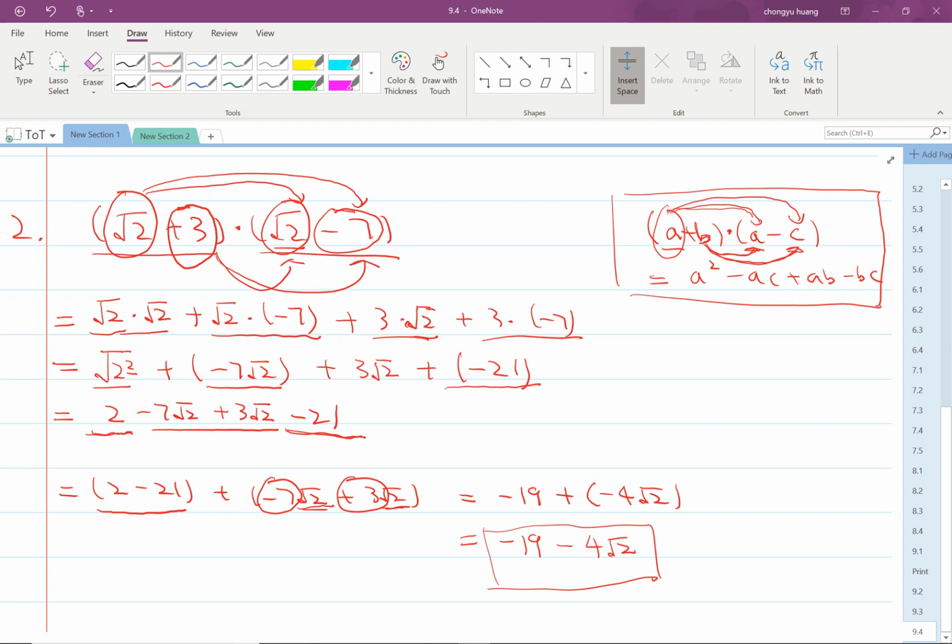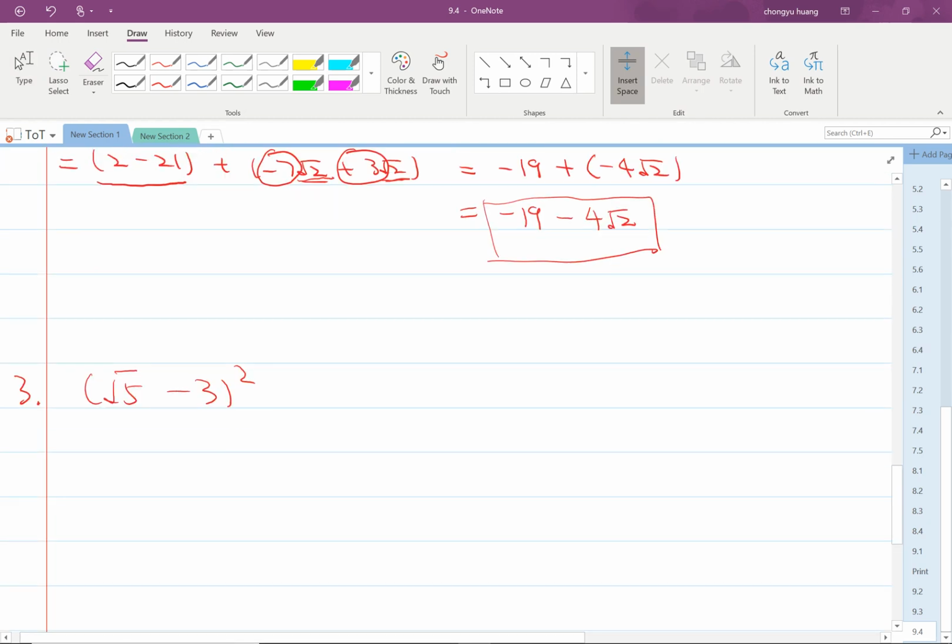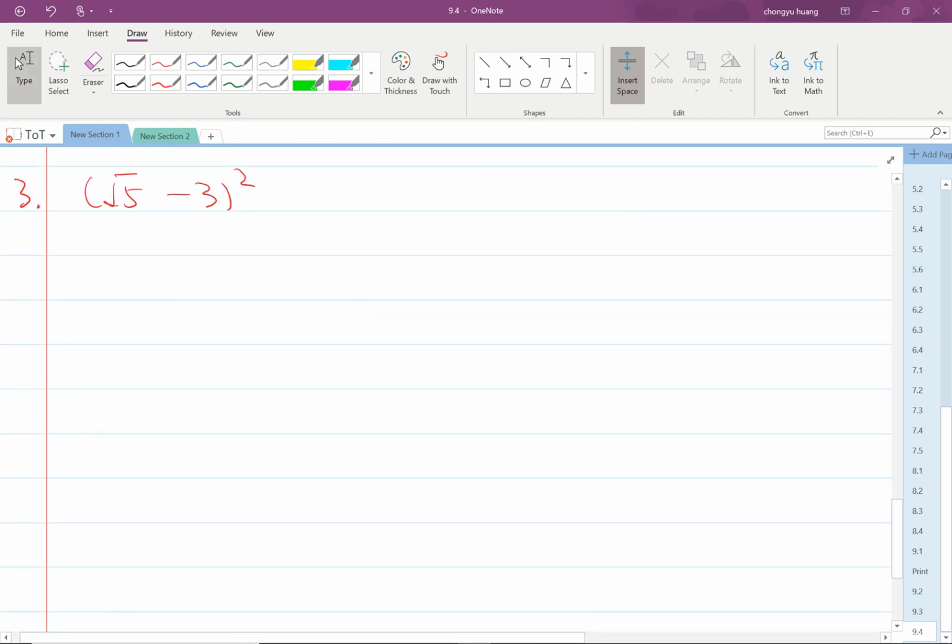Now let's move into question 3. In case you don't know how to do this problem, one of the properties we are going to use is this one: a minus b squared is equal to a squared minus 2ab plus b squared.